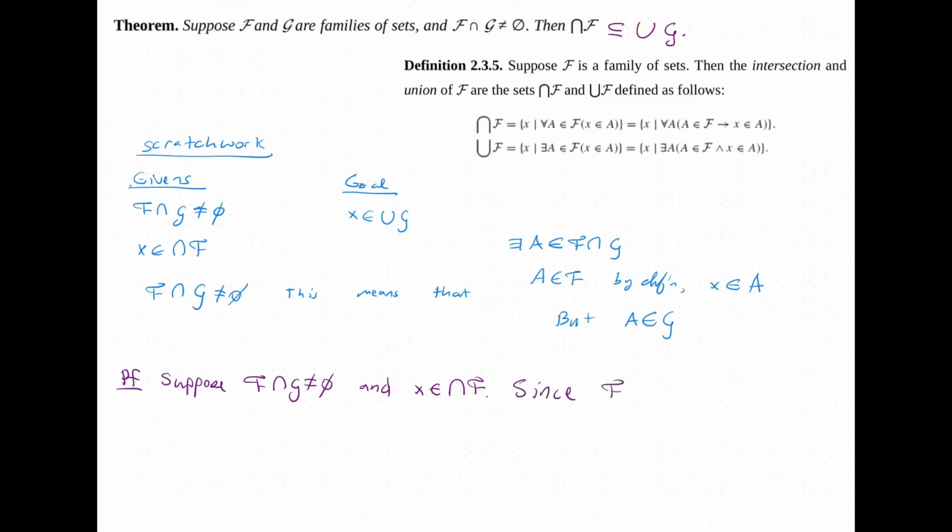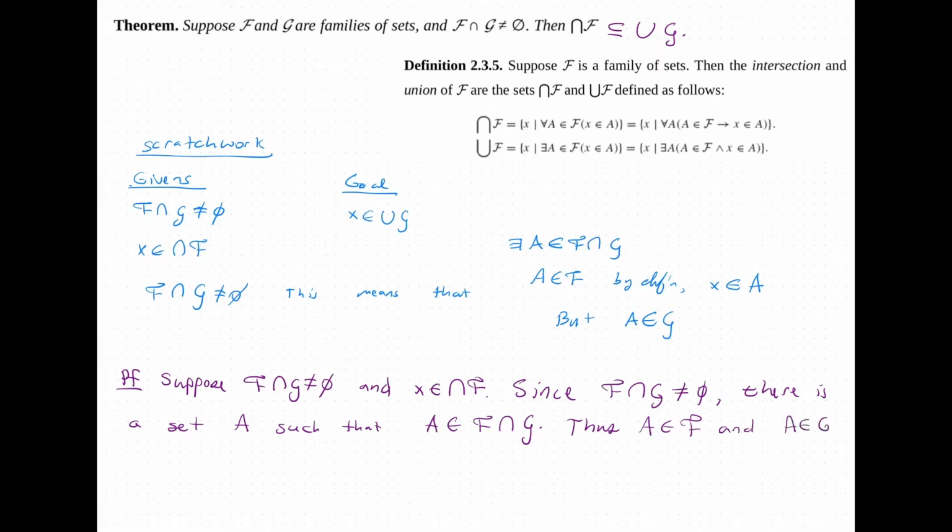Since F intersect G is non-empty, there is a set A such that A lives in the intersection of the families. So thus, A is in F and A is in G.